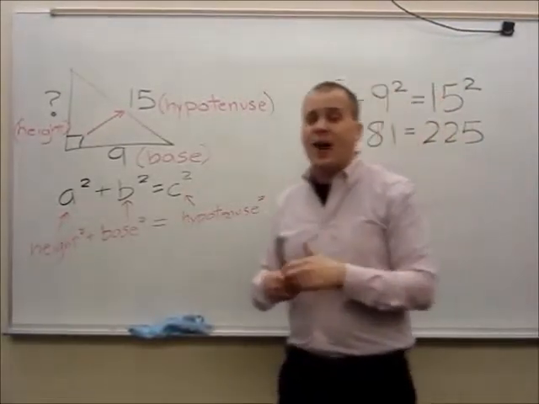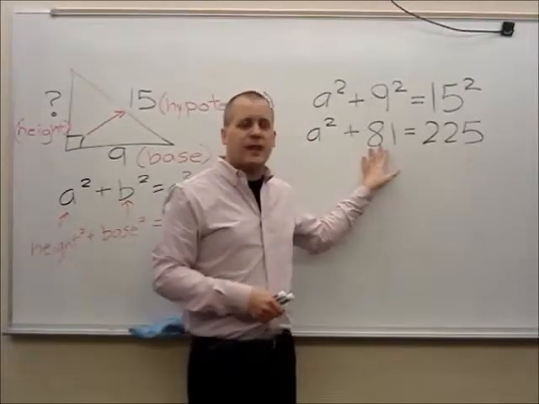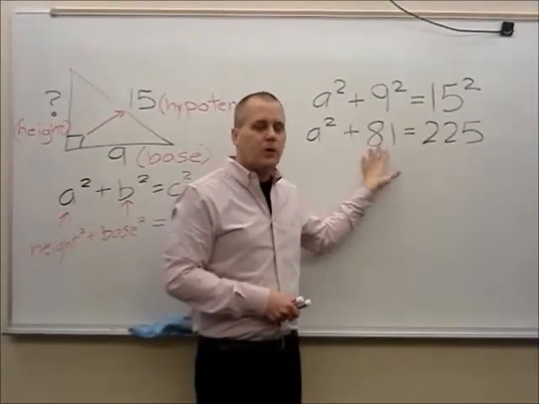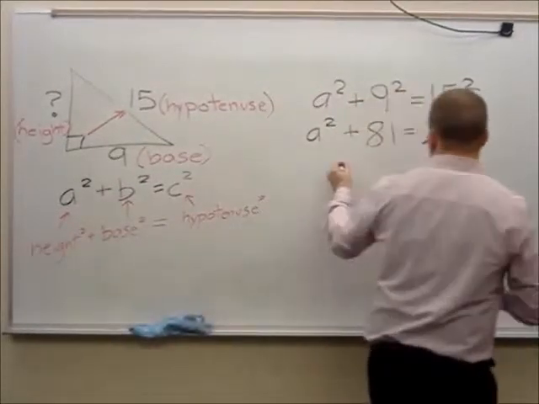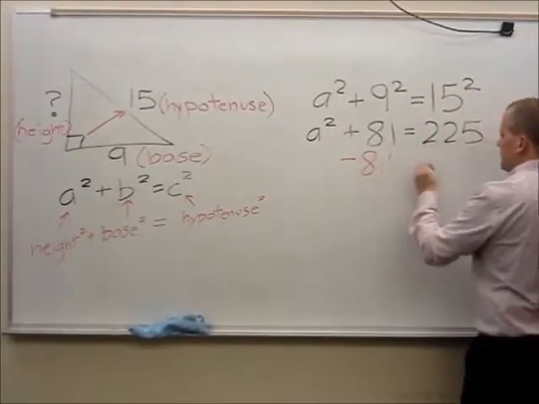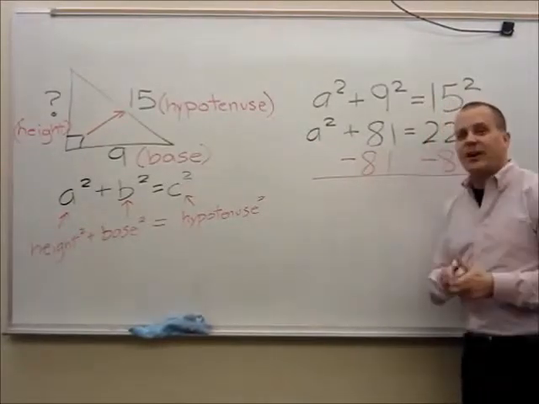Now, I've got this value after A squared that I need to get rid of. This value after A squared is 81. What I want to do is subtract 81 from both sides of the equation. So when I start to subtract, this is what I end up with.